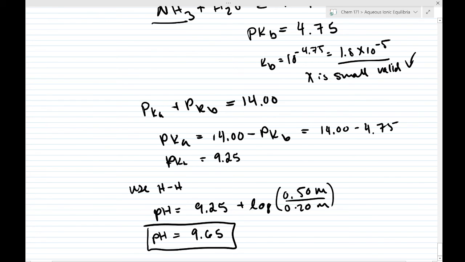So this buffered solution has a pH of 9.65, and you can see that there will be a bunch of different buffered solutions that have different pHs that range all over the place, depending on the system that you initially look at.